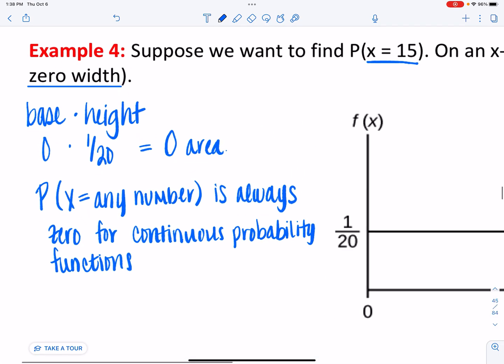And your key for that is to look for the equal sign.